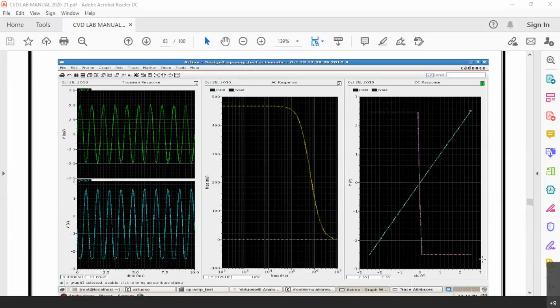Now where are we using it as an amplifier then? We are using it as an amplifier in the closed loop condition by connecting the feedback resistors. We are using it as a small signal amplifier only by fixing the quiescent point at 0. So between minus 2.0 and plus 2.0, you can see there is a small gap here and a small gap here.